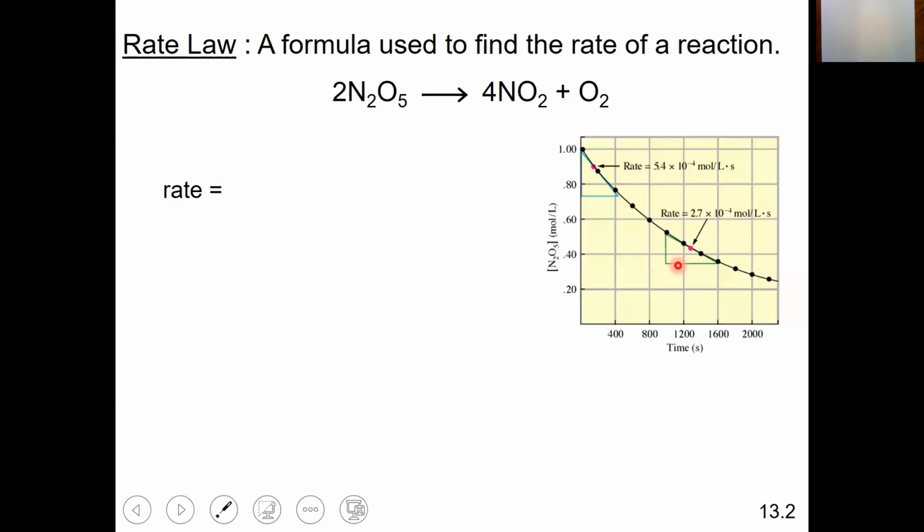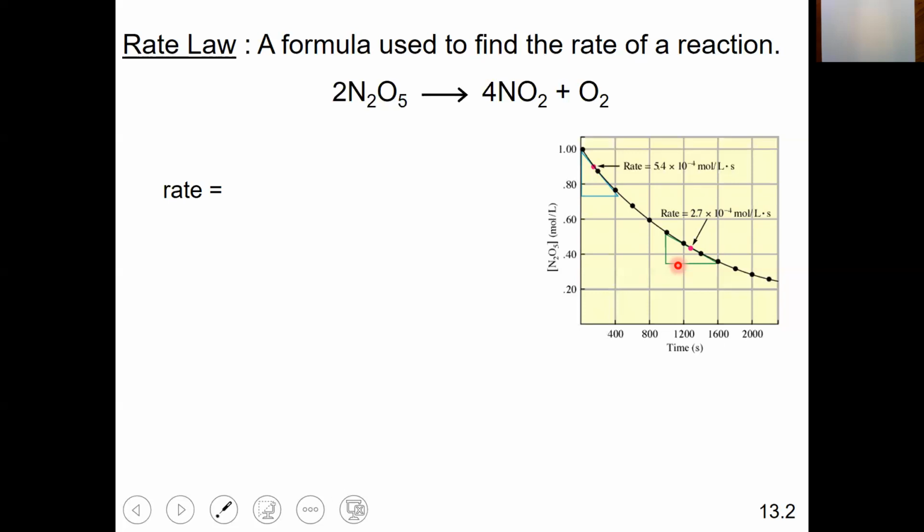So we are going to write a rate law for this reaction. Let's remind you of what a rate law looks like. The rate law says rate equals something.